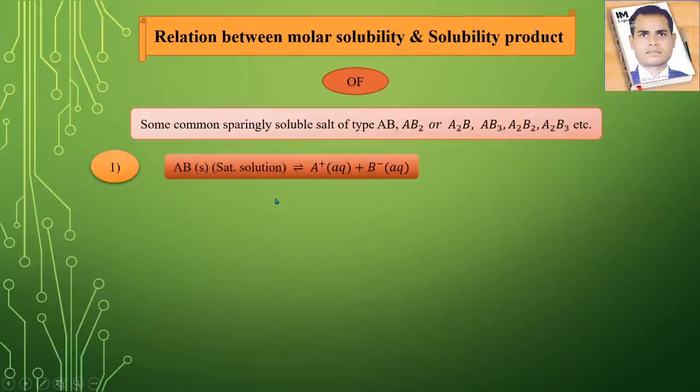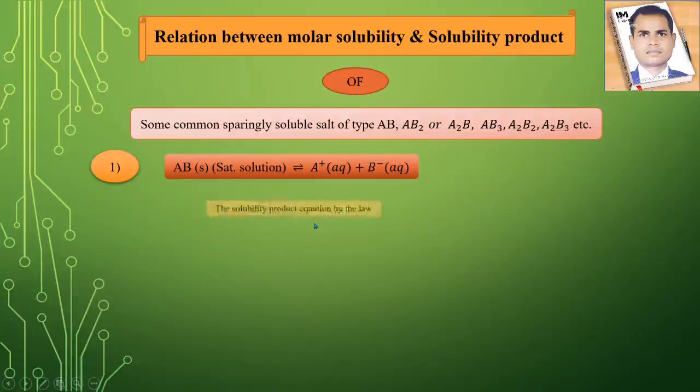You will see the reaction for the type AB in a saturated solution. After dissociation of that salt, you will get two ions, A plus in aqueous form plus B minus, again in aqueous form.